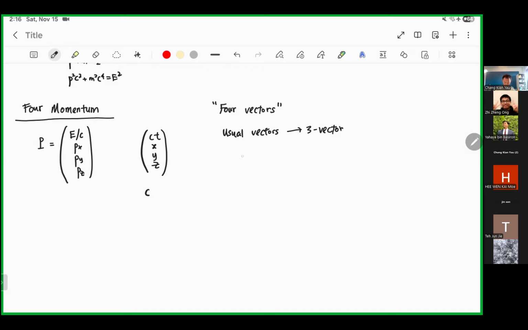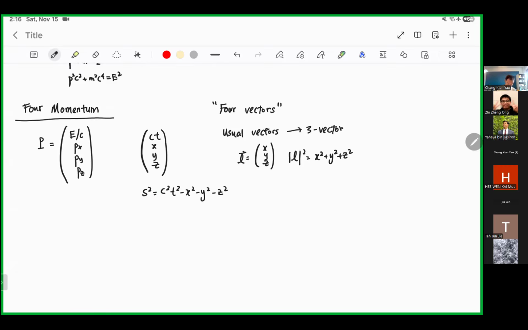Let's say you have a vector with components X, Y, and Z. The modulus squared is X squared plus Y squared plus Z squared. And just now I defined that, maybe I'll write it like this: X squared minus Y squared minus Z squared.